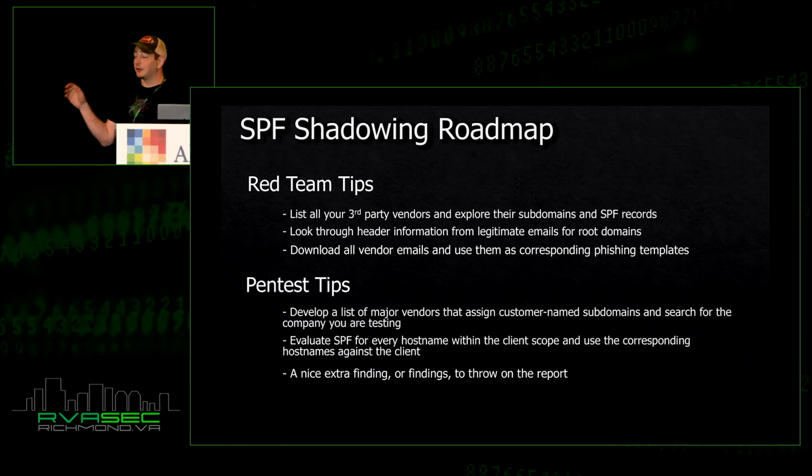evaluate every single host name in the client scope for SPF. Every single one. And they always have the host names that they didn't give you. Those too. If you can find a host name or a domain name that they own that they didn't give you that has SPF, and if you can actually utilize that for a phishing attack and then call out the SPF as an actual additional finding, it just makes you look better, pads the report better.